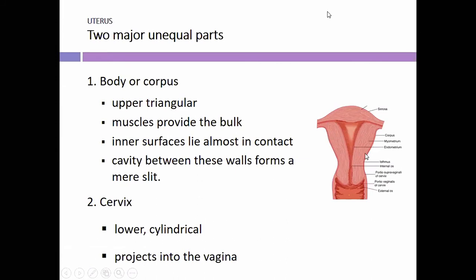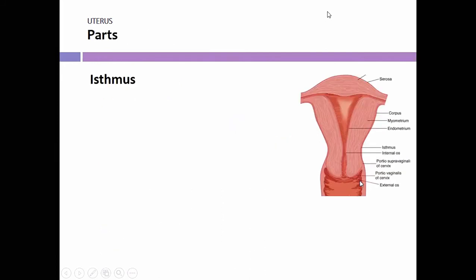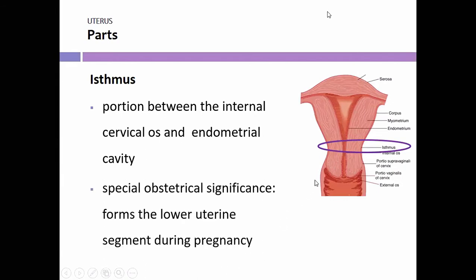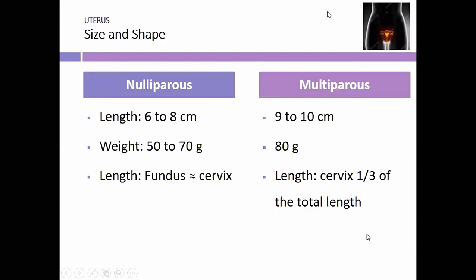This is the body or the corpus, while this is the cervix. Now, there is also the isthmus, which is the portion between the internal os and the endometrial cavity. What is the significance of the isthmus? During pregnancy, it forms the lower uterine segment.